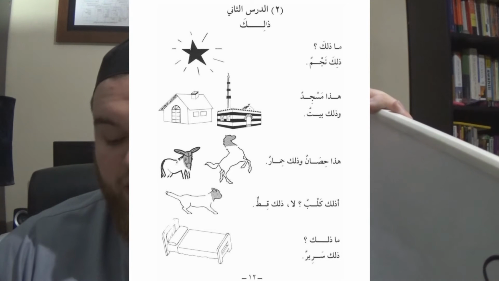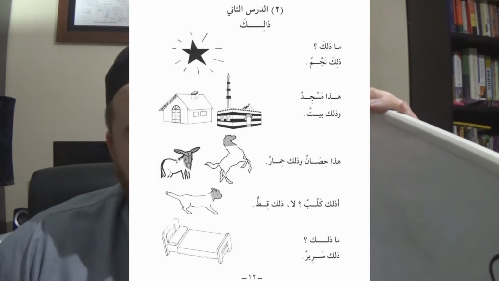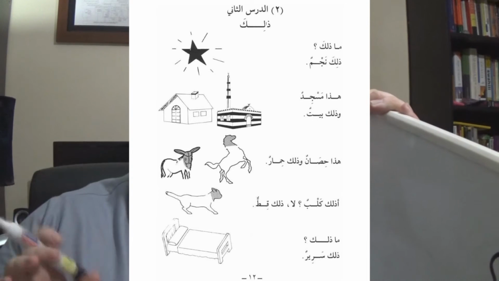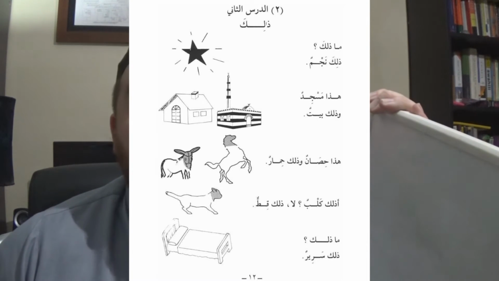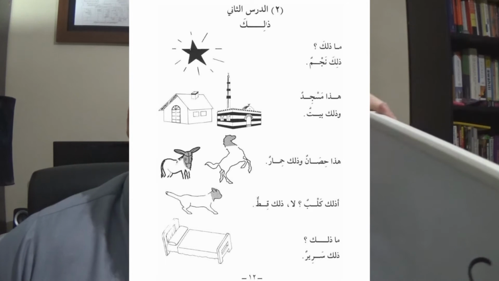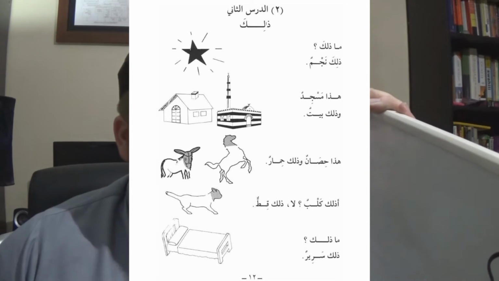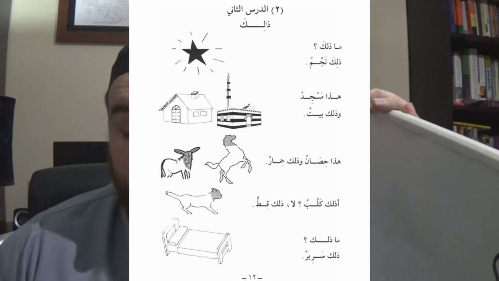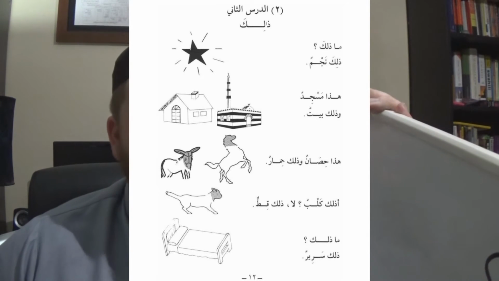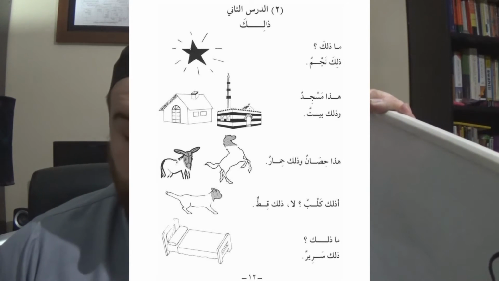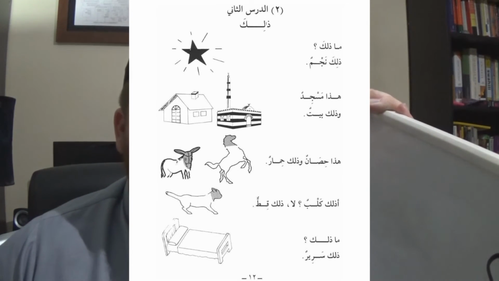So هذا حصان وذلك الحمار. أذلك الكلب. So remember, in the first lesson we had the prefix أ means a question marker, like أهذا بيت, is this a house? So here we have أذلك الكلب. لا ذلك القط.